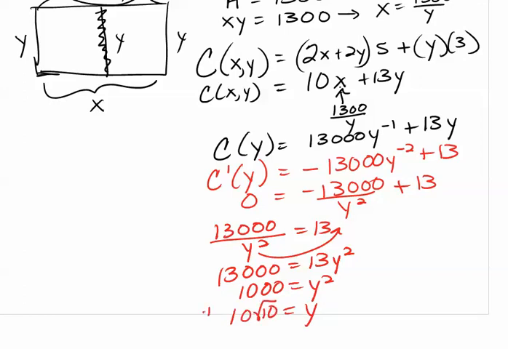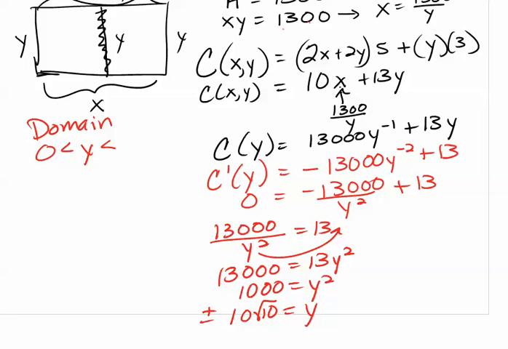Now, why didn't I put plus minus there? The algebra, of course, should be plus minus. But notice that for the real problem here, our y would have to be bigger than 0. And for our area, remember that our constraint on y is that y is definitely going to have to be less than our 1300 value.